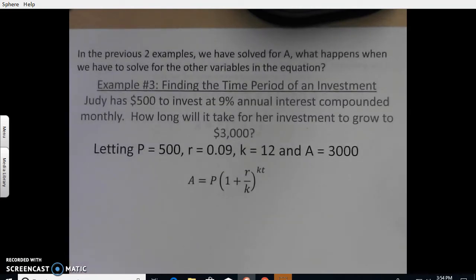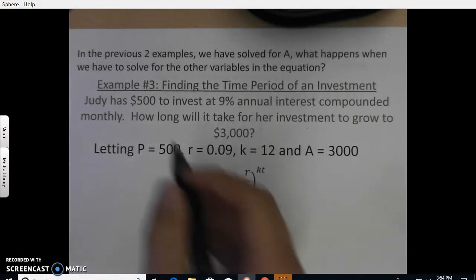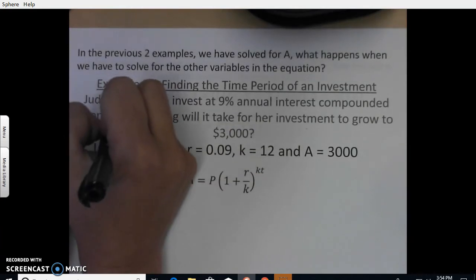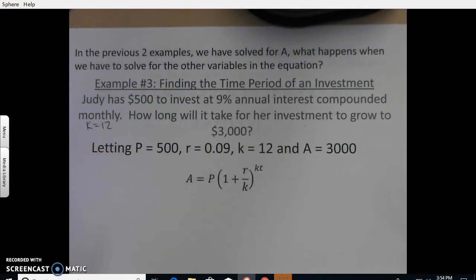In the previous two examples, we have solved for A. What happens when we have to solve for the other variables in the equation? So if we need to find the time period of an investment, Judy has $500 to invest at 9% annual interest compounded monthly. Compounded monthly means K equals 12. How long will it take for her investment to grow to $3,000?